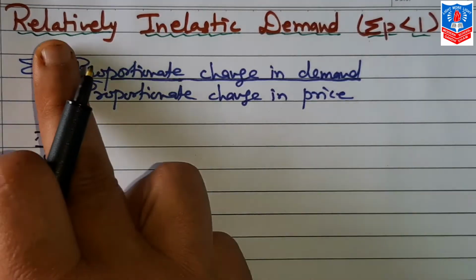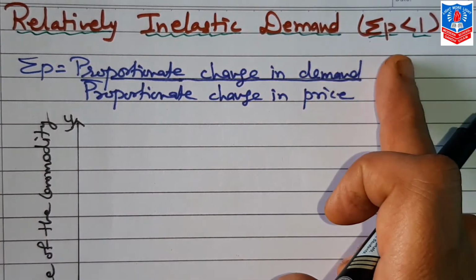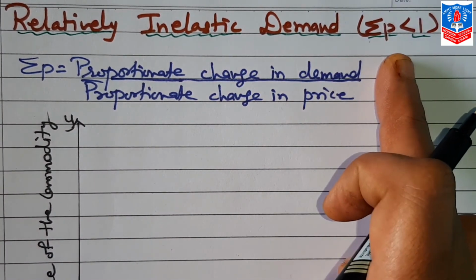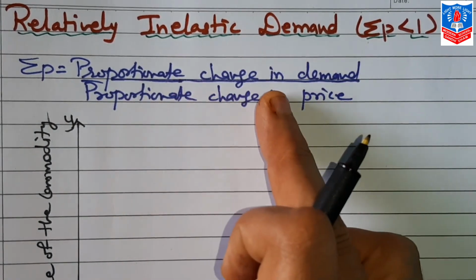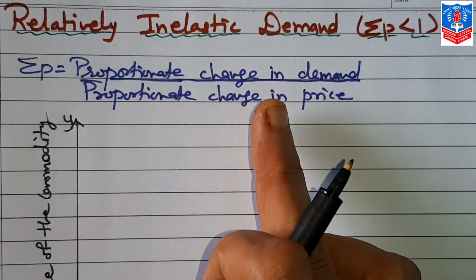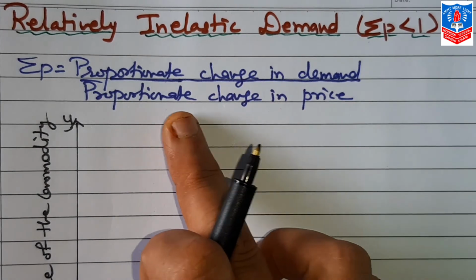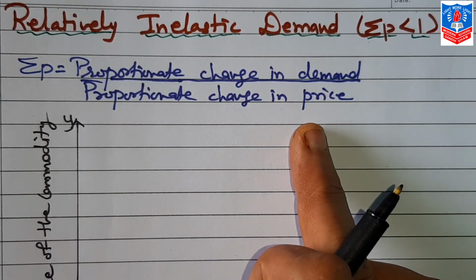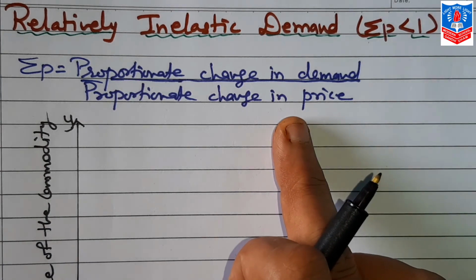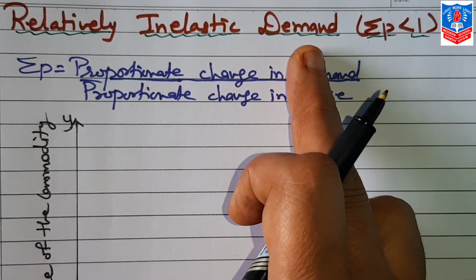Last type, relatively inelastic demand, where price elasticity is less than 1. When the percentage change in demand is proportionately lesser than the percentage change in price, then such demand is called relatively inelastic demand.